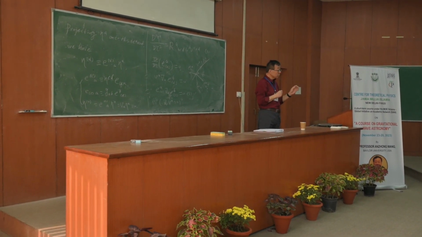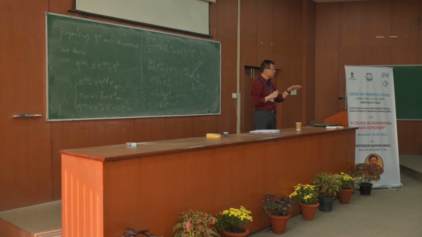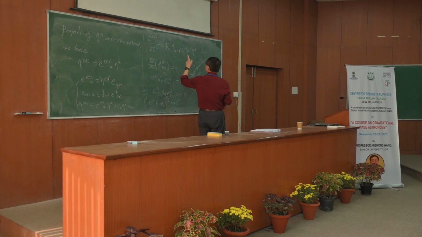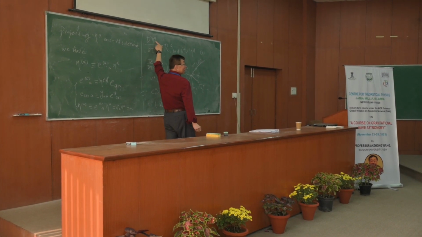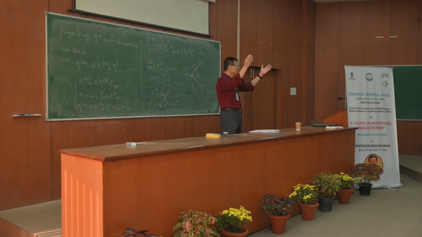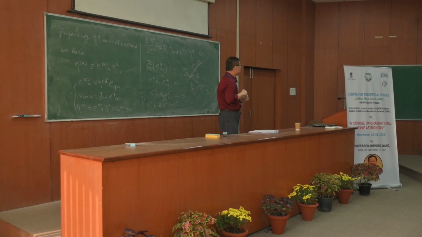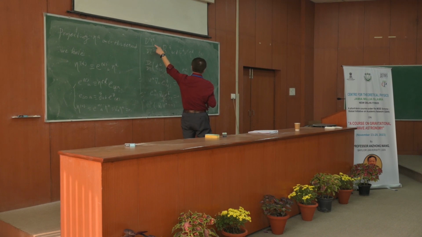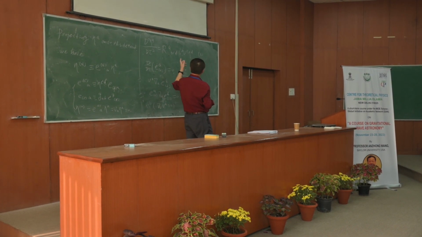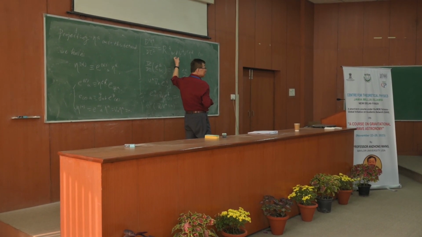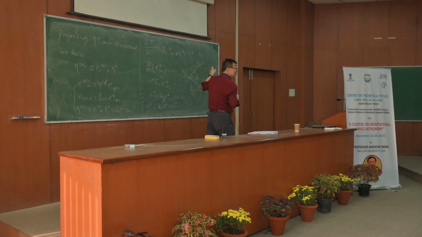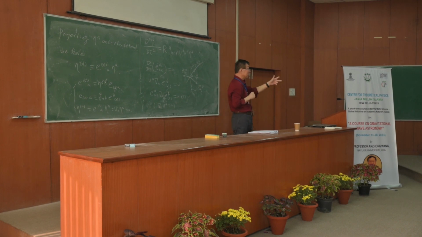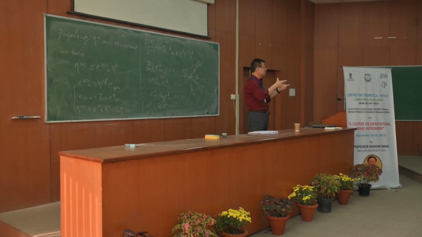For example, if this is zero, this is constant, so it's parallel transport. But once it is different, later you will see there is some theorem, Hawking's theorem, that uses this kind of behavior, expansions.